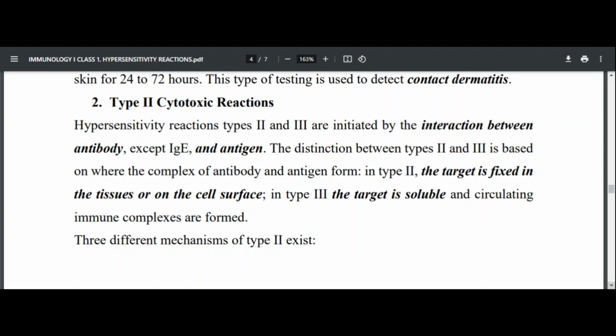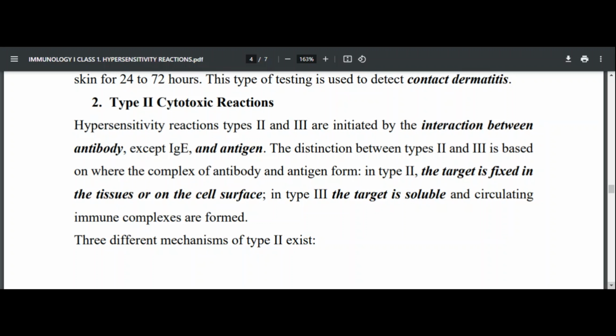Whereas in type 3, there is soluble antigen in plasma, for example, and then the antibody is going to interact with the antigen in soluble solution, and the complex is formed in circulation, in plasma.